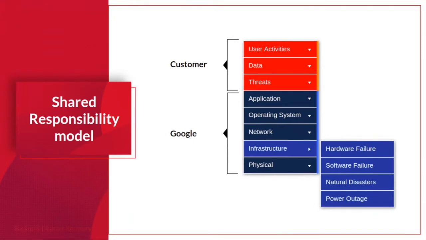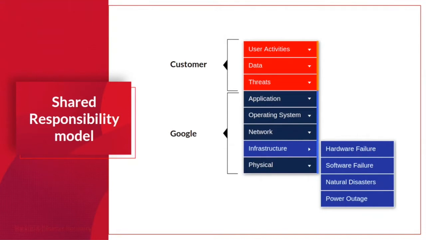You can see here, I have created a chart where the user activities, data, and threats come under the responsibility of the customer who is using Google Workspace. Whereas the infrastructure, the back end of these applications, like how the application is deployed, the operating system, the network infrastructure, the physical hardware, everything is taken care of by Google.